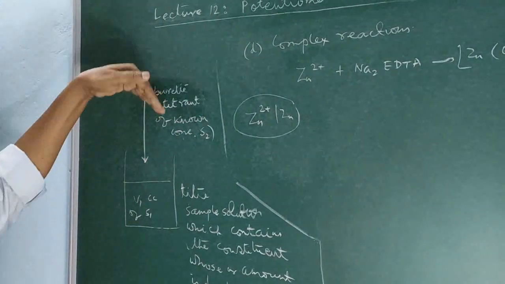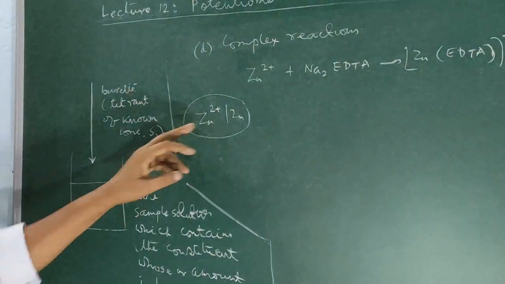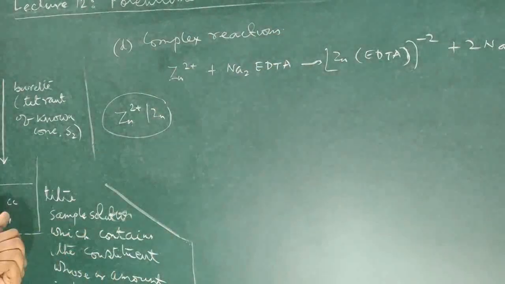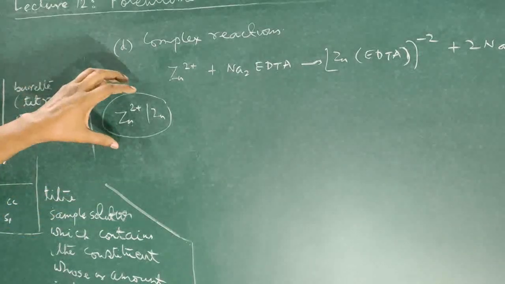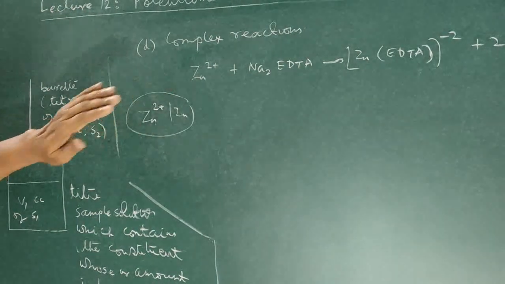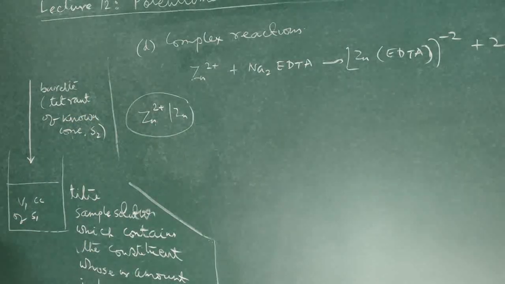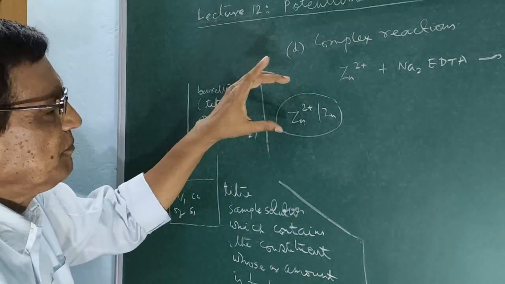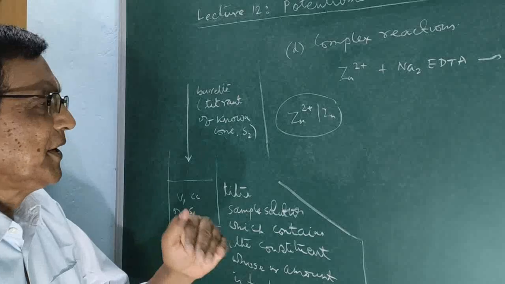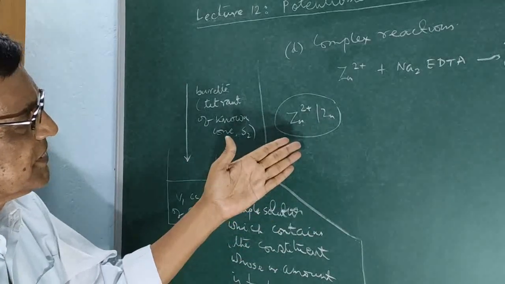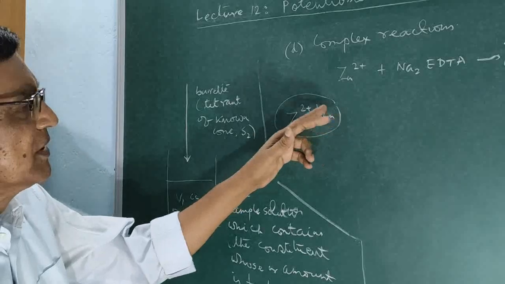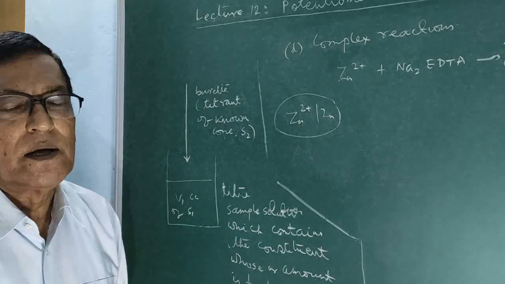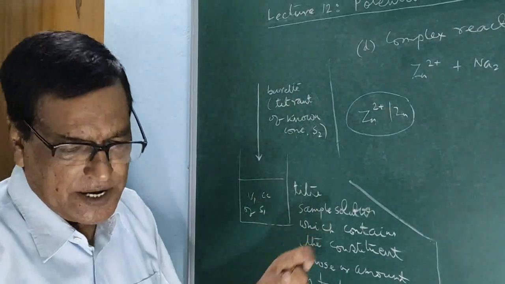Whenever EDTA is added to the zinc ion solution, zinc combines to form a complex and is removed from the titrate. So the potential of this electrode will change accordingly as the zinc ion is removed. After the end point, this value will take a long jump. The potential of a single electrode could not be determined, so it is combined with a secondary standard electrode.